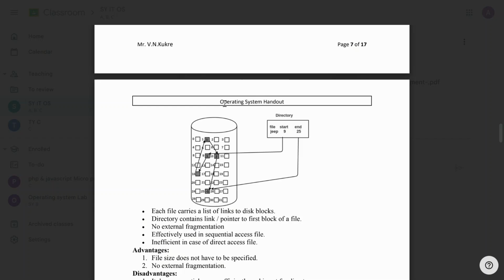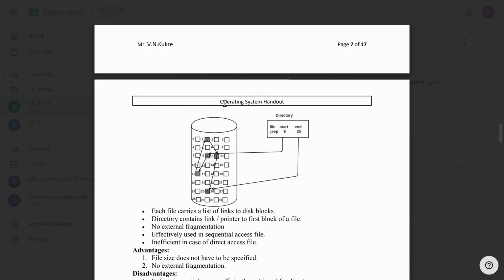Means from 9 we have reached up to 25th one. So that is how we have stored our blocks from that particular file in the form of linked list on disk.